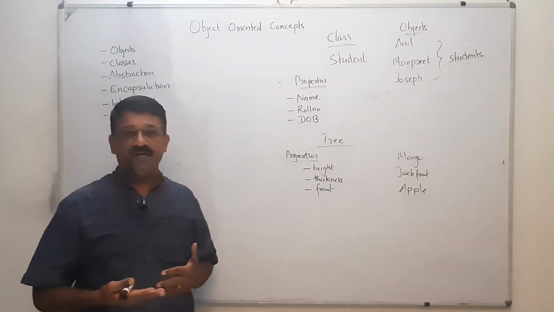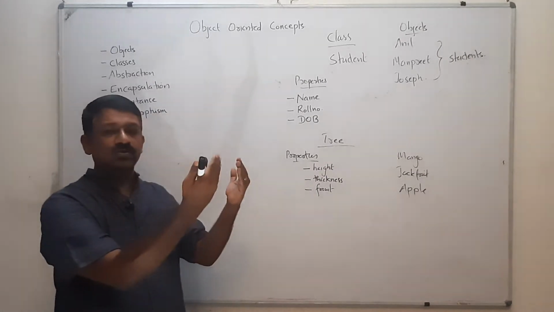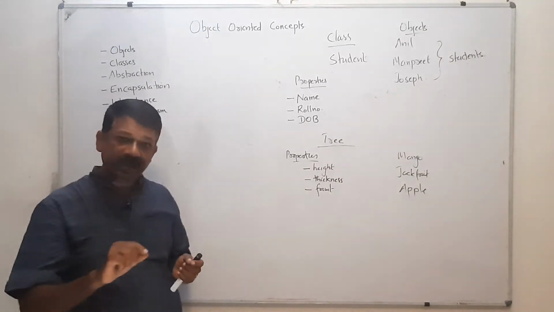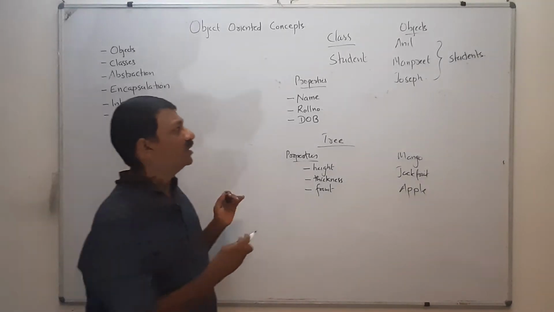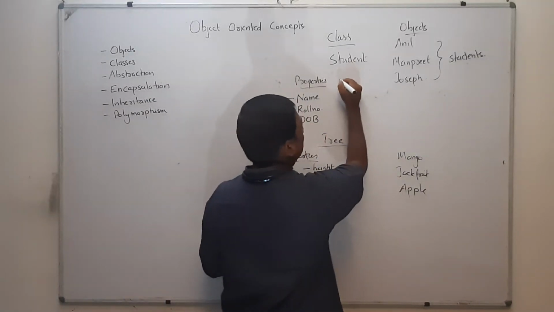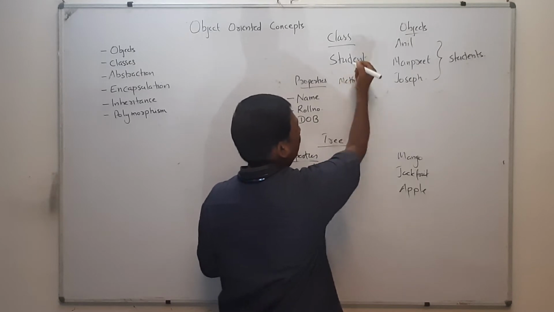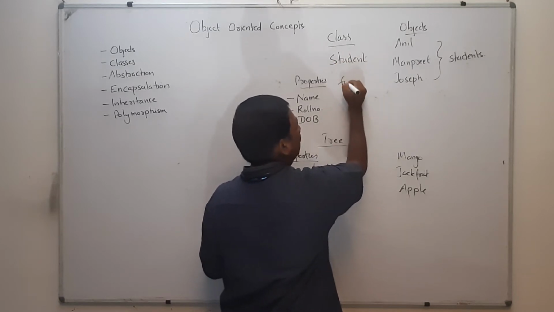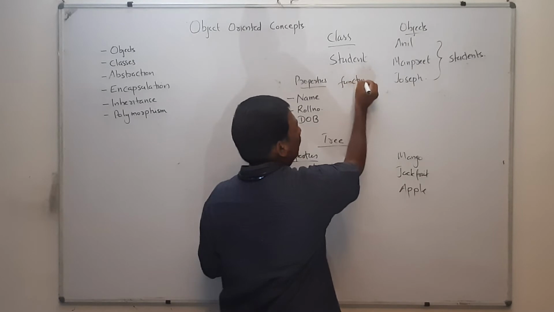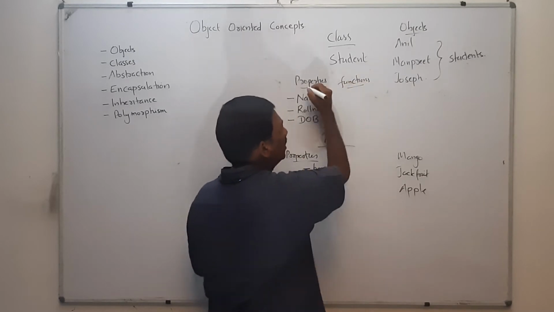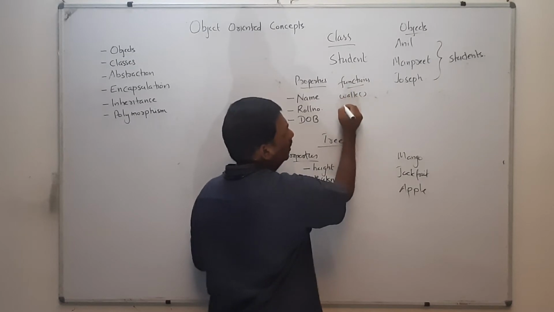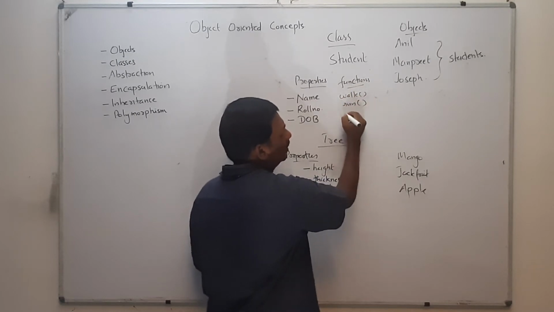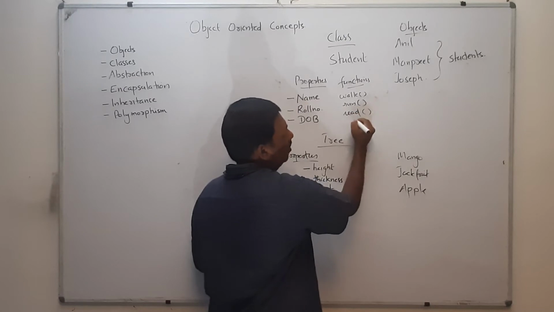He can run, he can listen, he can read, he can write. So these are the methods. That means these are the functions. That means a student can walk, then he can run, he can read, and he can write.